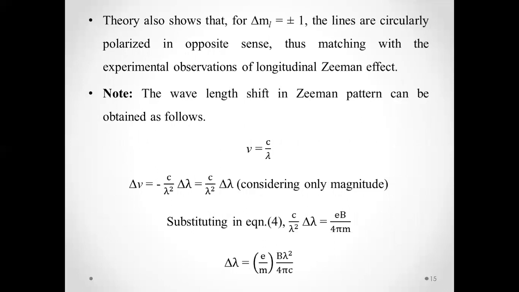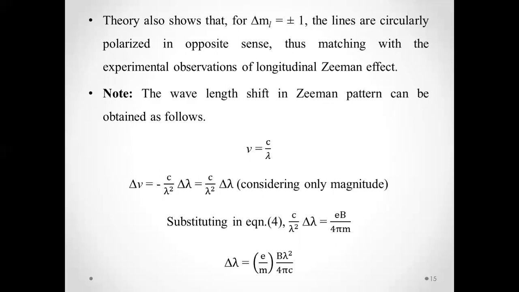The theory also shows that for delta ML equals plus or minus 1, the lines are circularly polarized in opposite sense, thus matching the experimental observations of the longitudinal Zeeman effect.